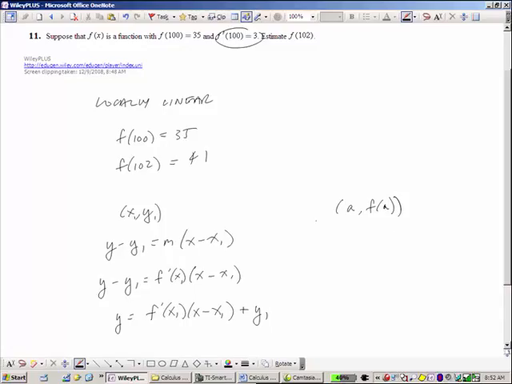So we might say y minus f of a equals m times x minus a. But instead of y, we might actually say f of x. Is that okay? And instead of m, we might say the derivative at a, not the derivative of x, but the derivative at a.